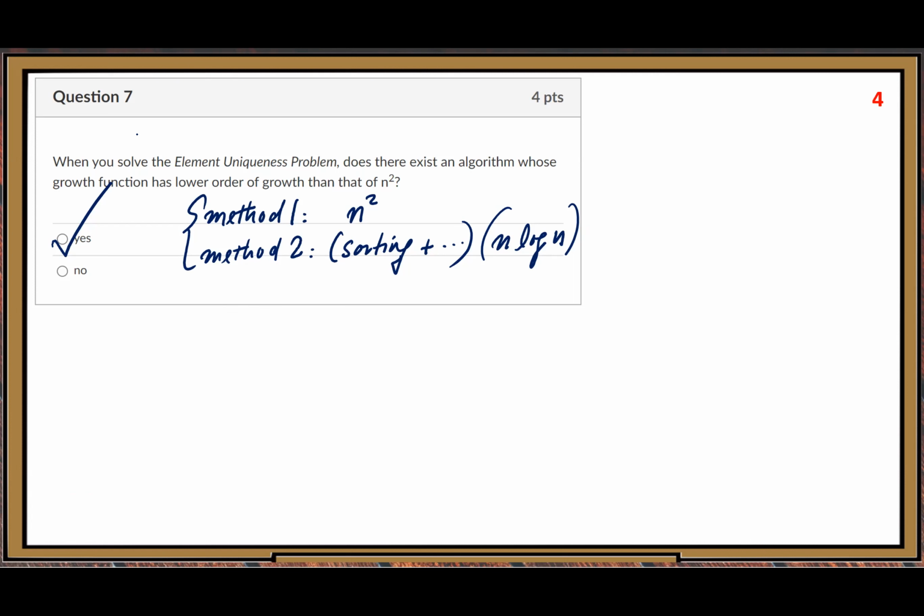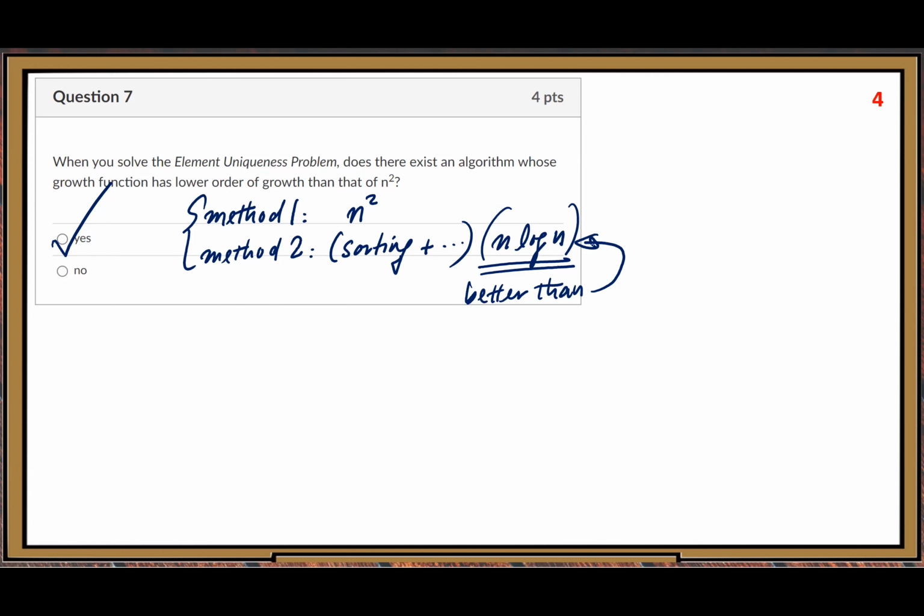But sometimes people may ask, is it possible to do better than this one? It is possible. But with the knowledge we have learned so far, we cannot do that.